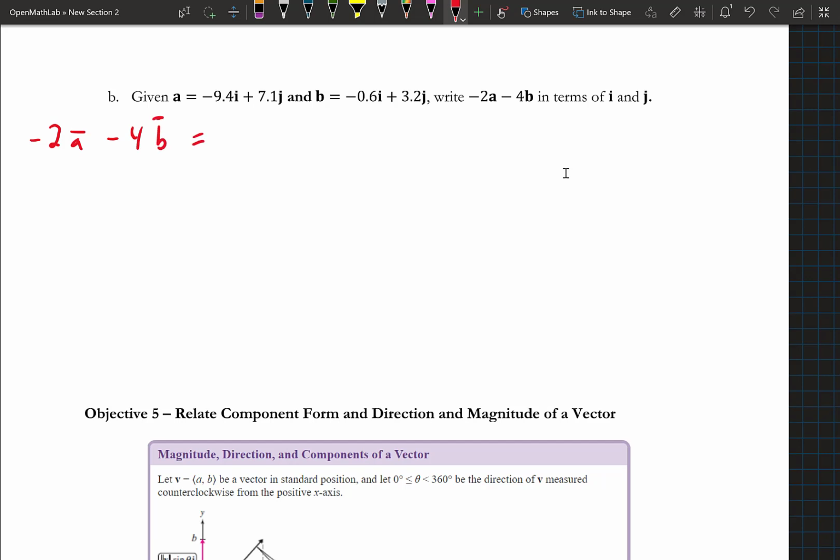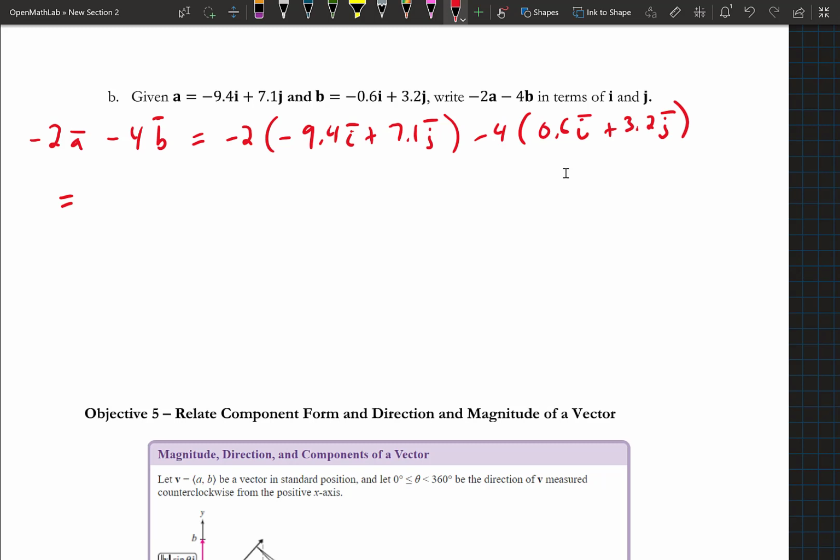And what we can do is just plug in the values for a and b. Then I can distribute the negative 2 through and combine like terms, just like we typically would. You can think of vectors i and j kind of like being variables.